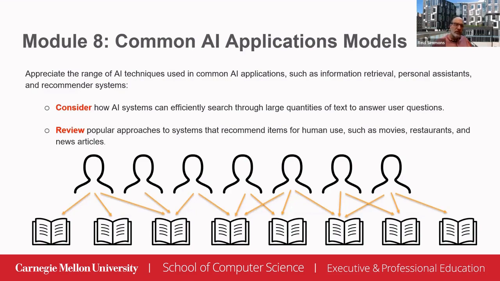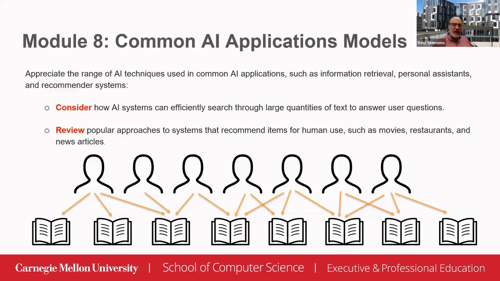So the first one that we'll talk about is question answering systems. The idea here is that given a very large collection of text pages, such as on the internet, how do you efficiently select ones that are most appropriate for users' search terms?